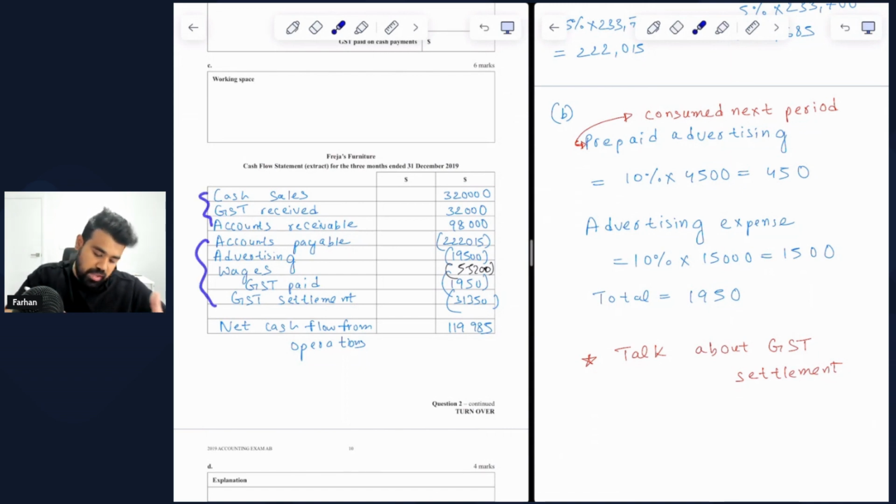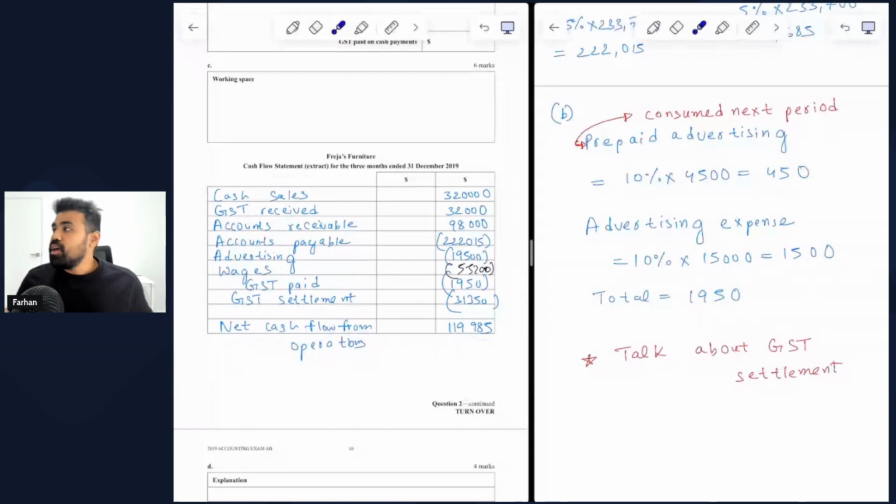So we just basically add, subtract whatever is needed, and whatever we get in this case is a surplus, and that is 119,985. And because this is a surplus, we need to write net cash flow from operating activities. So you could write operating activities. I just quickly wrote operations. It's the same thing.